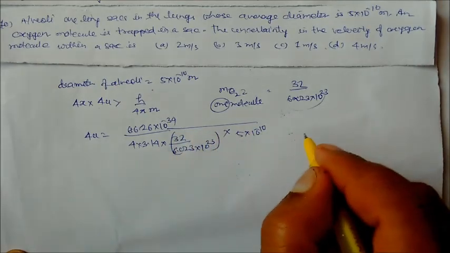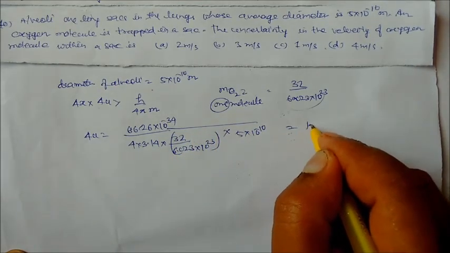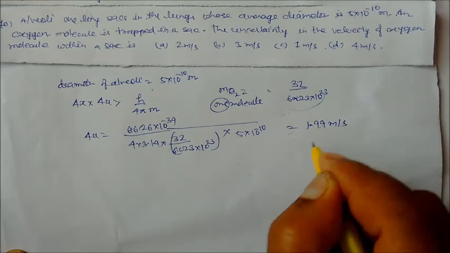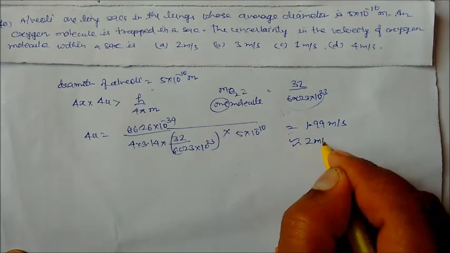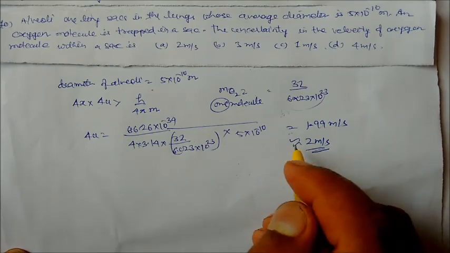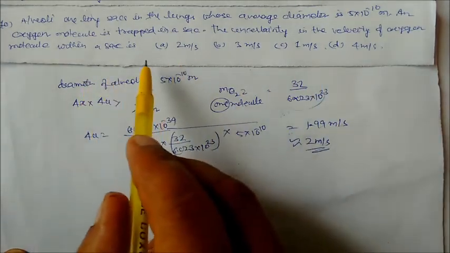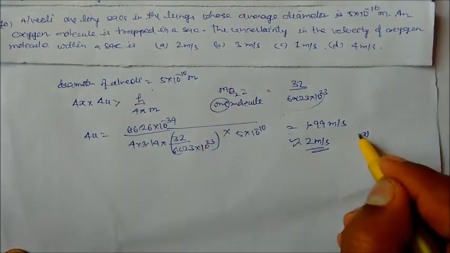On solving we will get the answer 1.99 meter per second, which is equal to about 2 meter per second. So this is the speed of the oxygen within the sac. So answer A is correct.